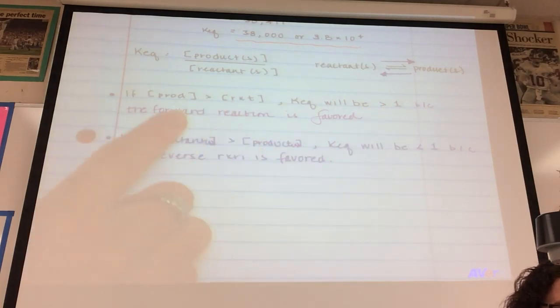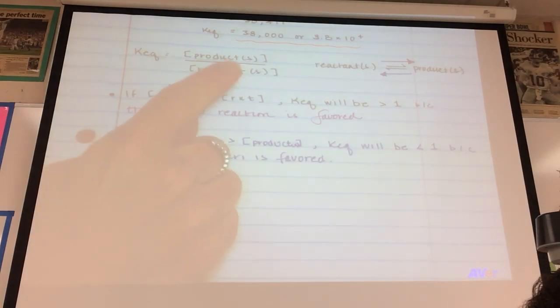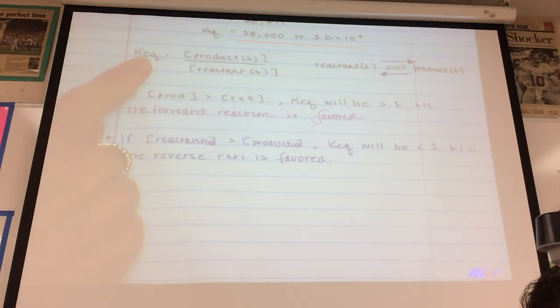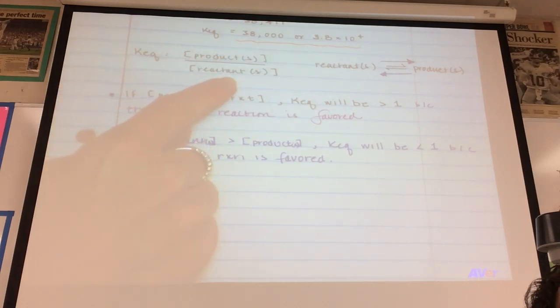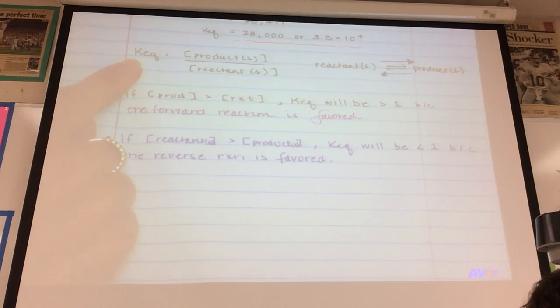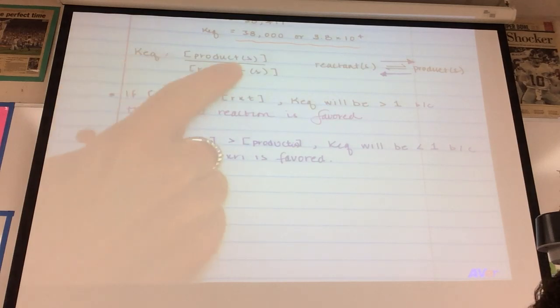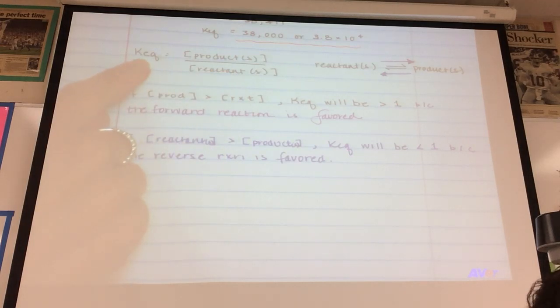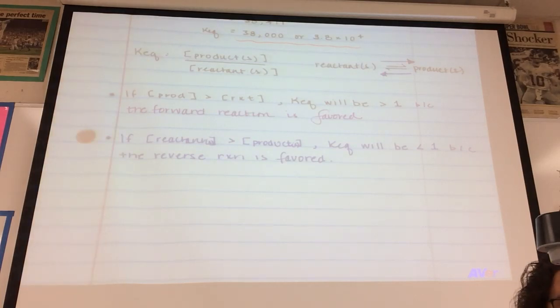Now when you've got equal product and reactant concentrations, KEQ would be what? It would be 1. 5 over 5, for example, would be 1. So at equilibrium, where you've got equal concentrations, KEQ will be 1. Delta G then would be 0 in that case. That's getting a little too advanced.